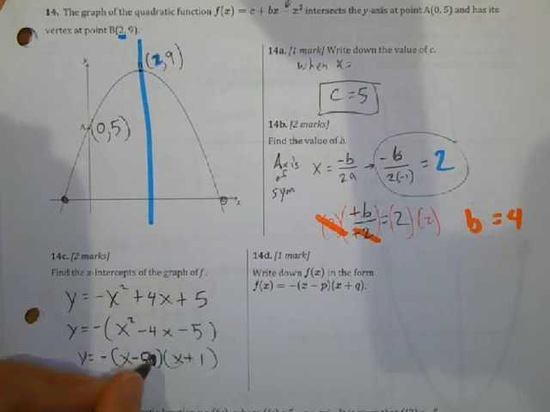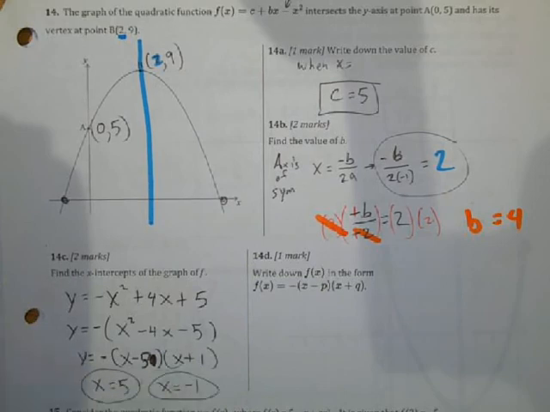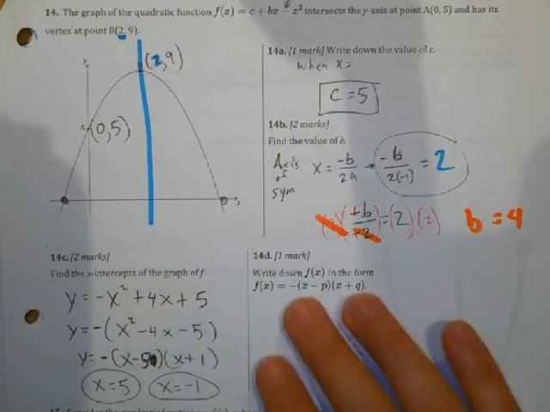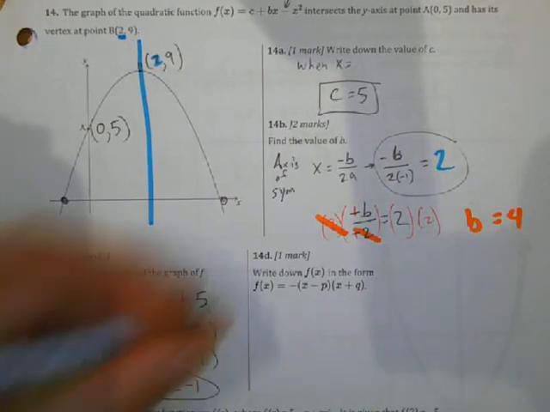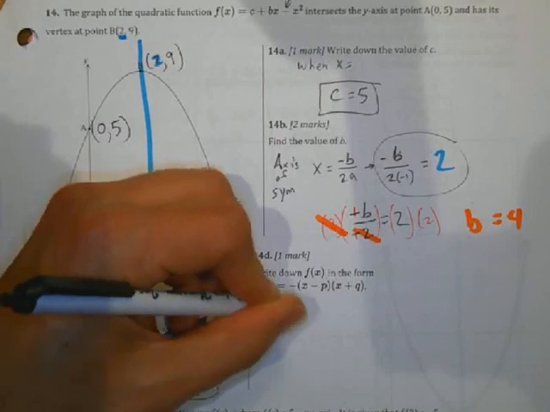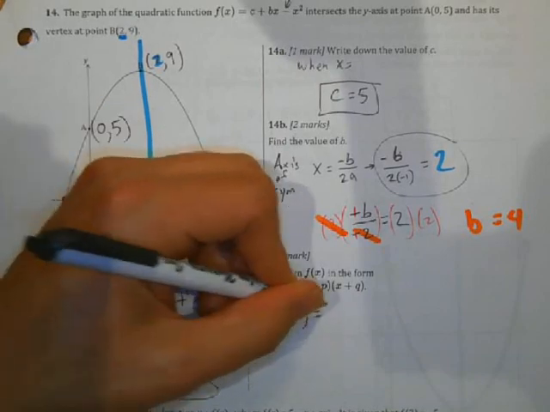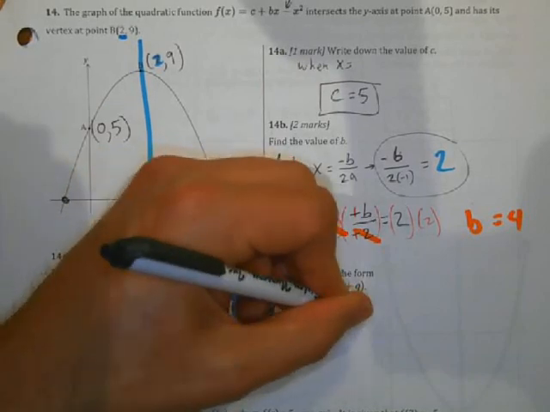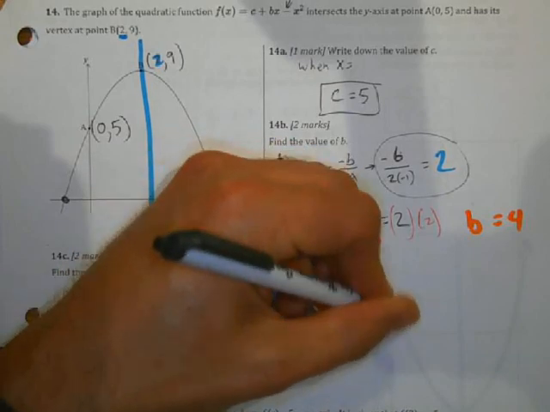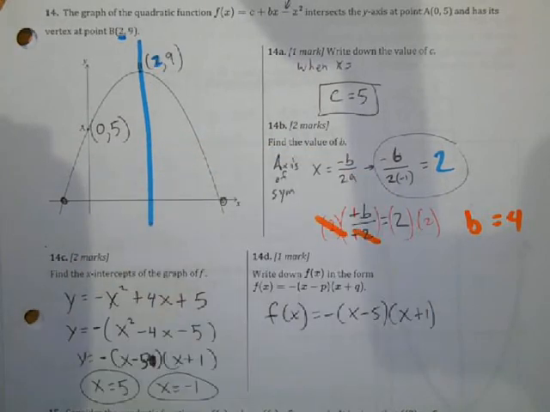So I know my factors, and the x-intercepts are when x is 5 and when x is negative 1. Okay, write down in this form. So f of x, oh, I already did that, didn't I? Negative (x minus 5) times (x plus 1).